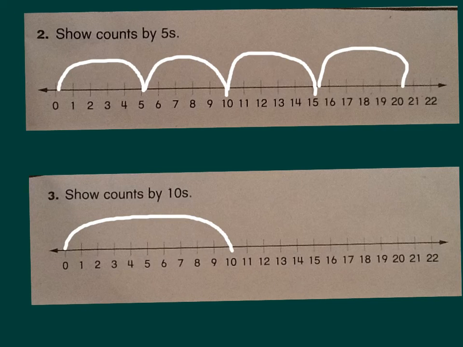Boys and girls, please complete the next jump on your own. Our next jump should go from 10 to 20. Good job. Go ahead and try number 4 on your own.